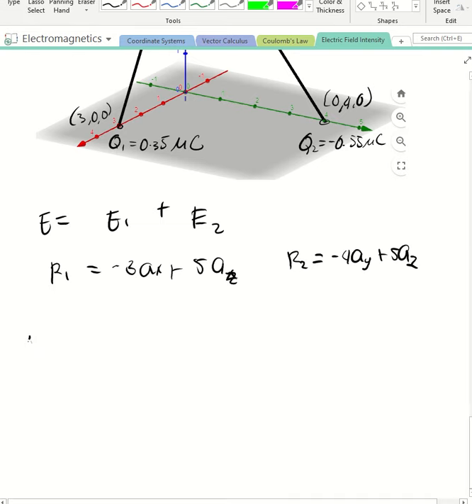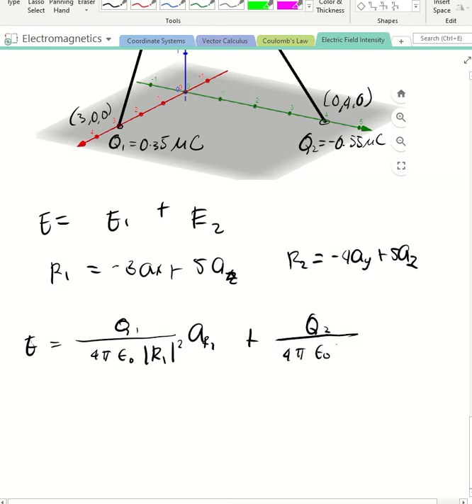So E1 now will be equal to the formula. You can just directly solve E. So the total E will be equal to E1, which is Q1 over 4 pi epsilon naught R1 squared aR1, then we add the other one, Q2 all over 4 pi epsilon naught R2 squared aR2.